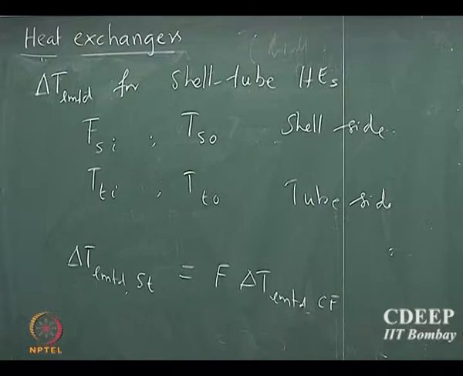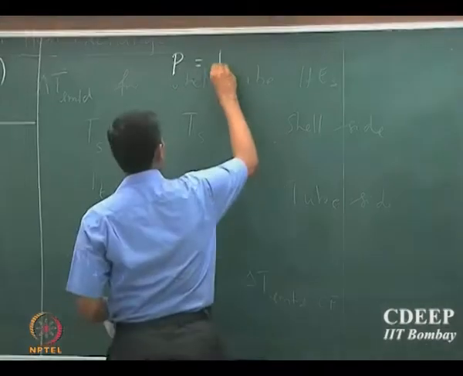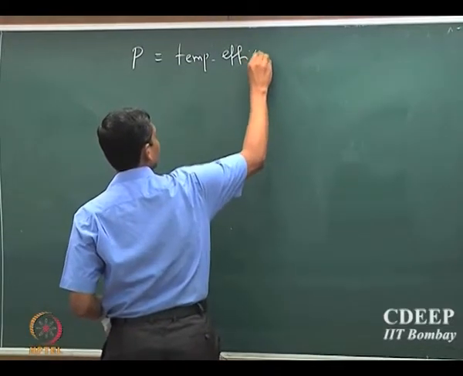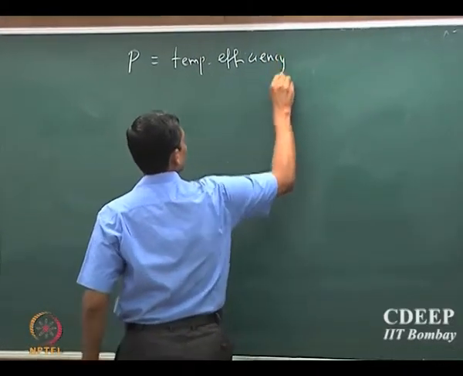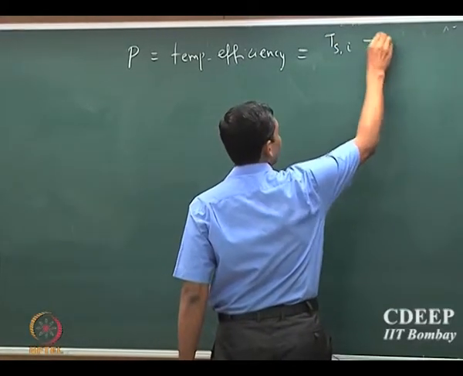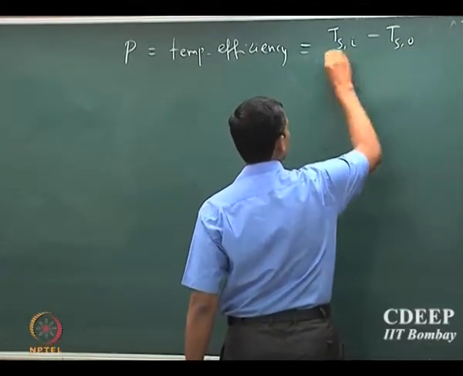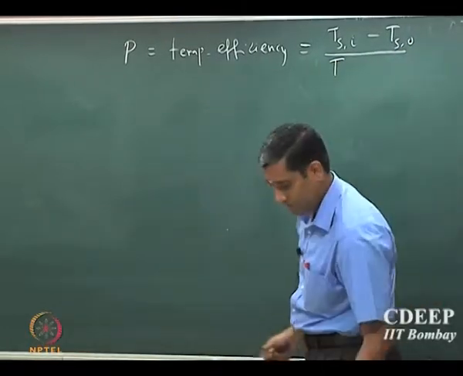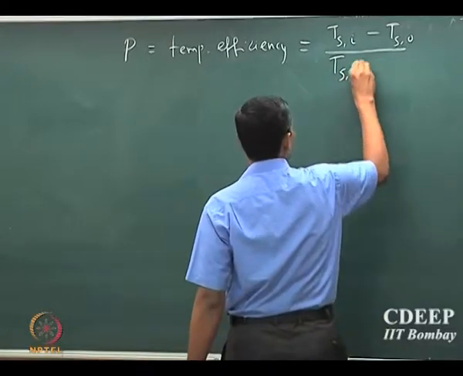In order to do that, we need to define two quantities. One is called P, which is called the thermal efficiency or the temperature efficiency, defined as the difference in the shell side temperatures divided by the maximum temperature difference.